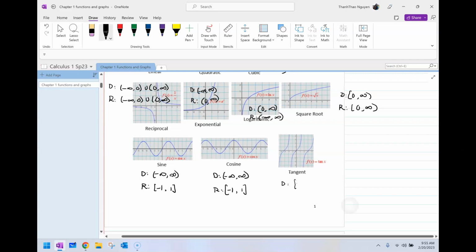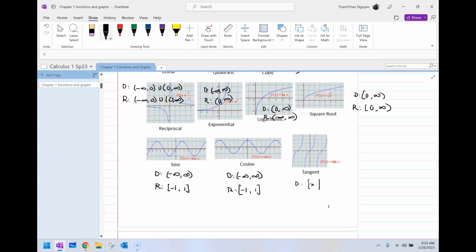So you can say that x is not pi over 2 plus pi n, where n is an integer. And the range goes from negative infinity to infinity.